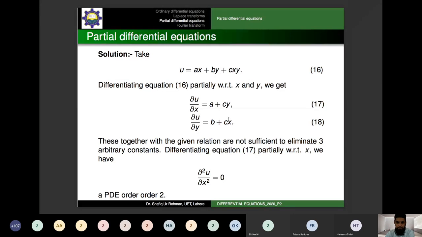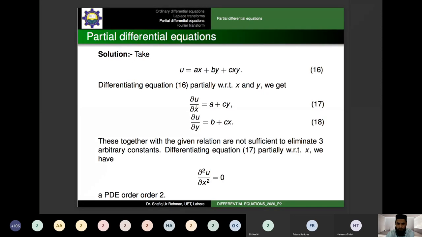This is not possible. These two equations, number 17 and 18, together with the given relation are not sufficient to eliminate three arbitrary constants. We cannot find a, b, c from 17 and 18 to be placed in equation number 16. So we have to do a further procedure.